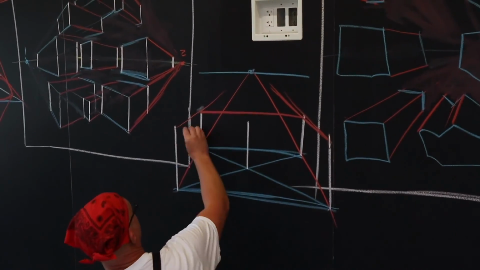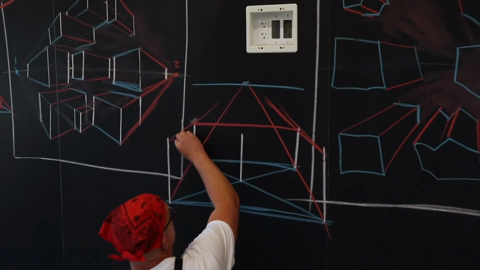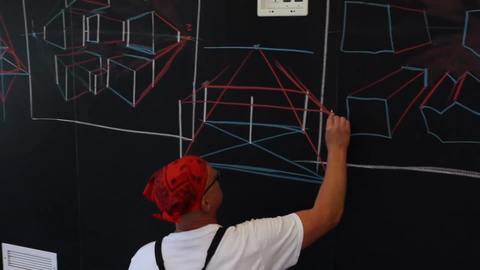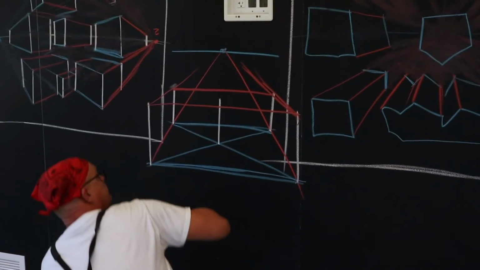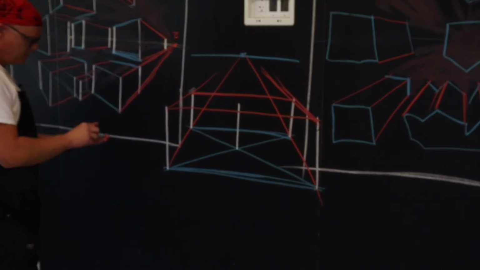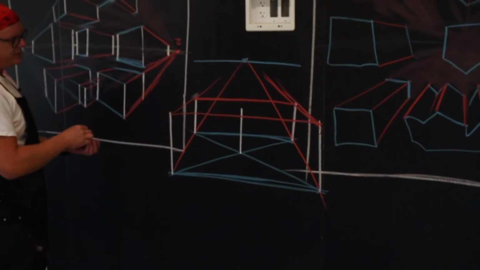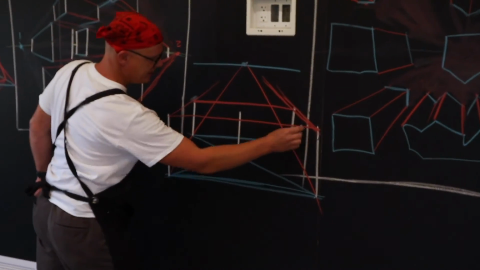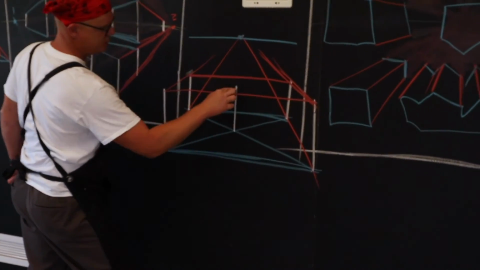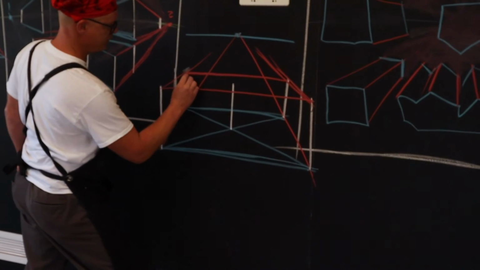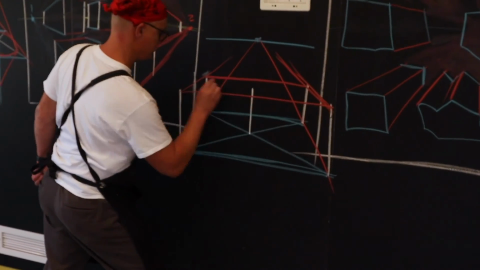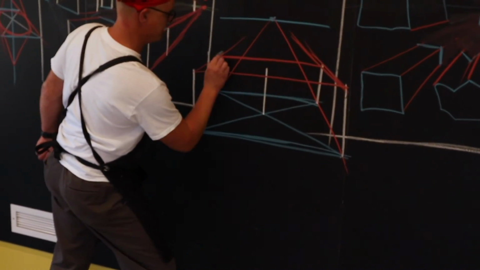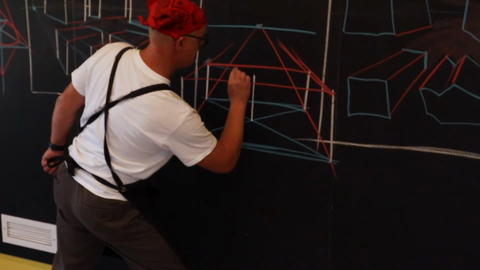I'll fix that, there we go. Now what I'm going to do is go corner to corner again, and if I do that right, it should meet or pass through this middle area here. This is a way crazier angle though.